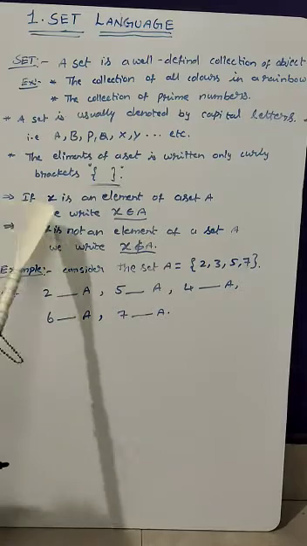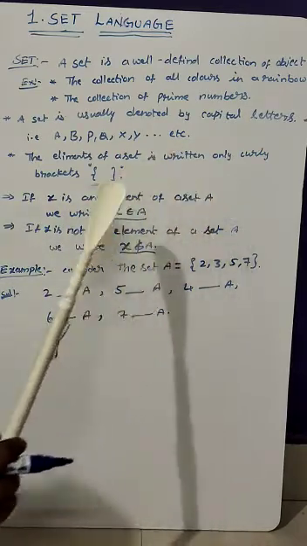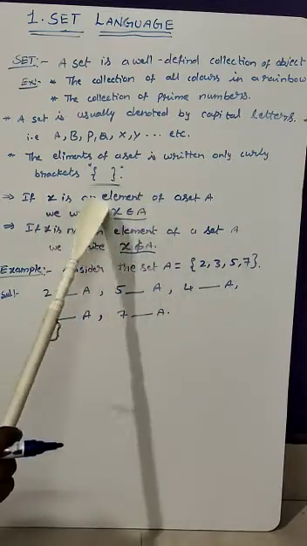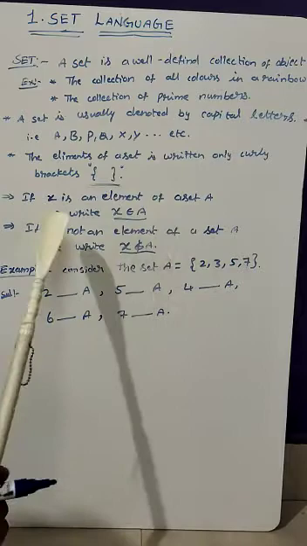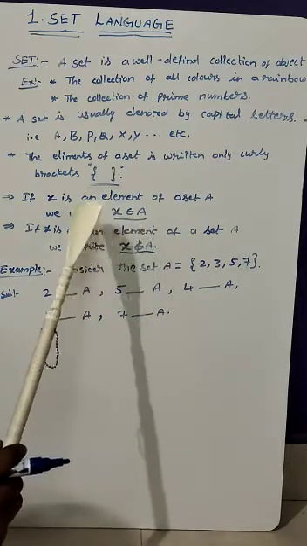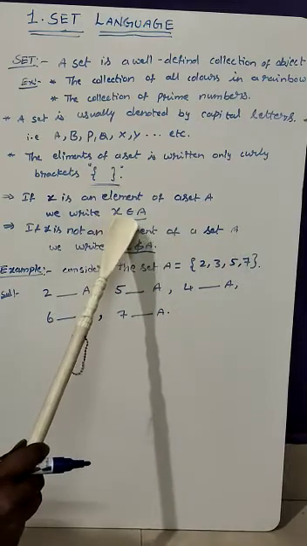Next, if x is an element of set A, we write x belongs to A. X is an element of set A. We write x belongs to A. That means if it is among the elements of set A, that is belonging.